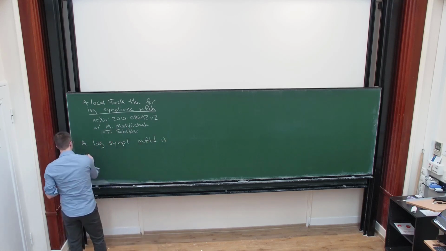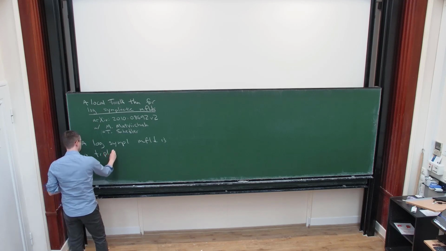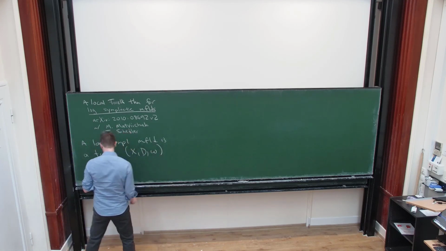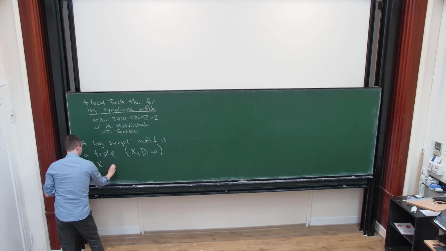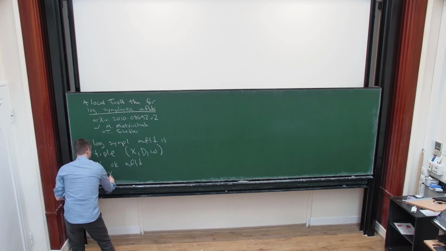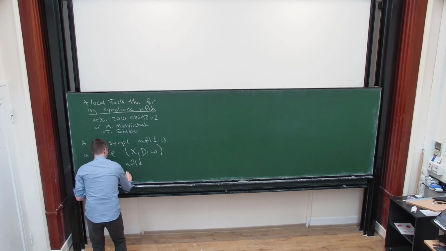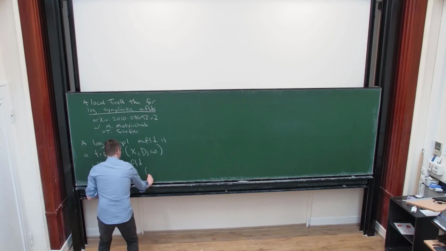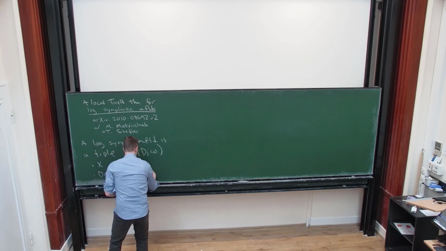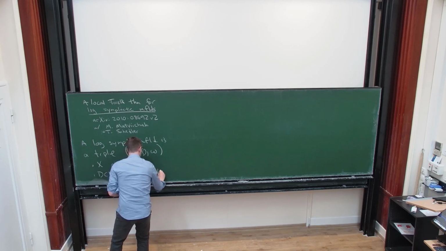It's a triple, X, D, and omega, where X is a complex manifold, D inside of X is a hypersurface, a complex hypersurface. I'm not going to make any assumptions. It could be singular. It may be reducible.